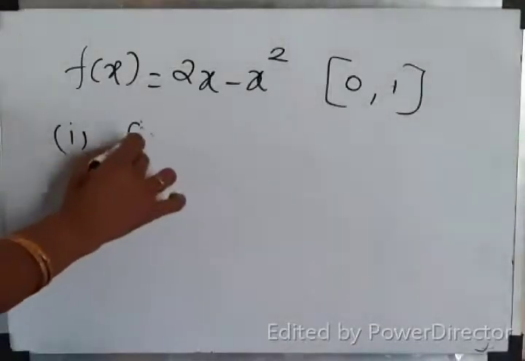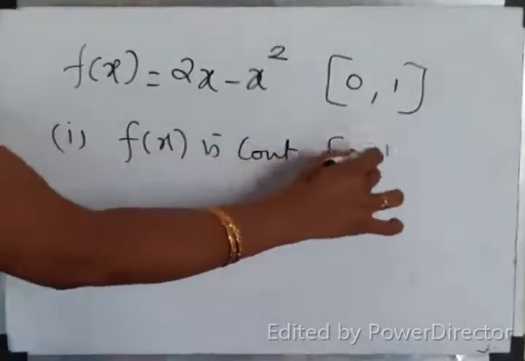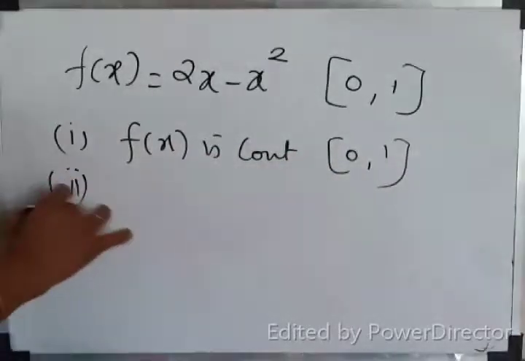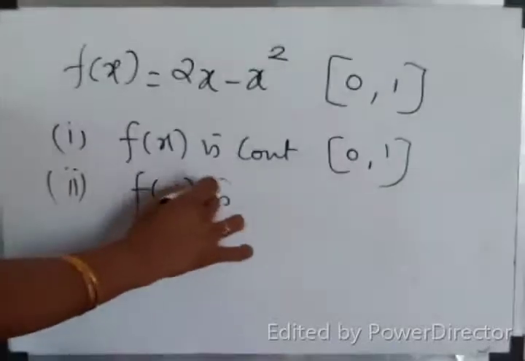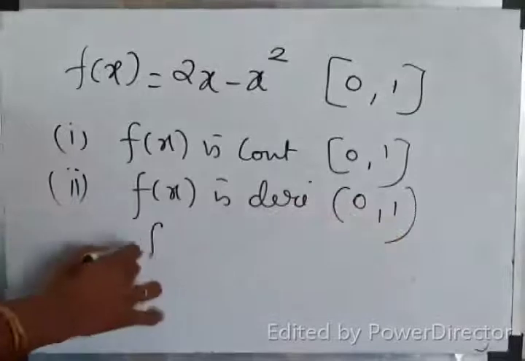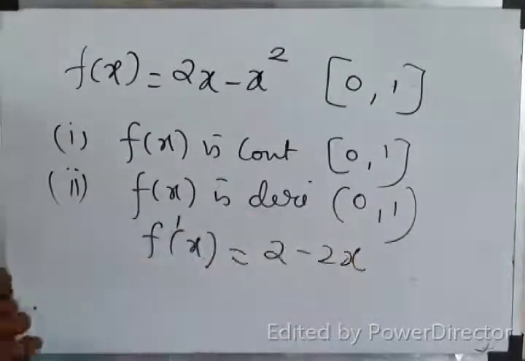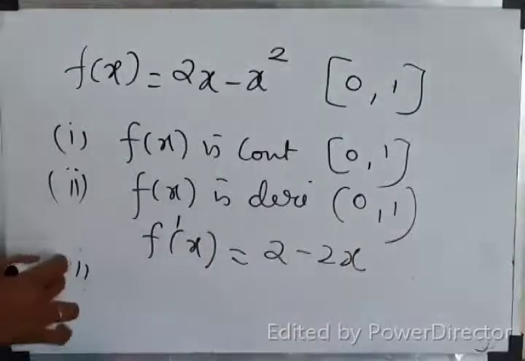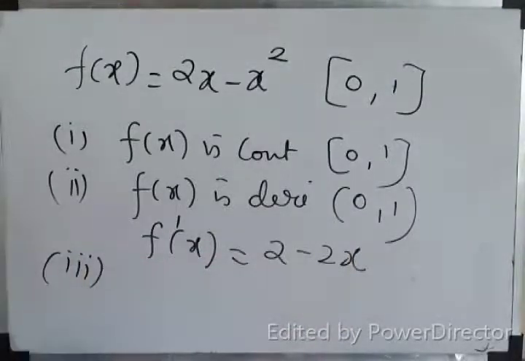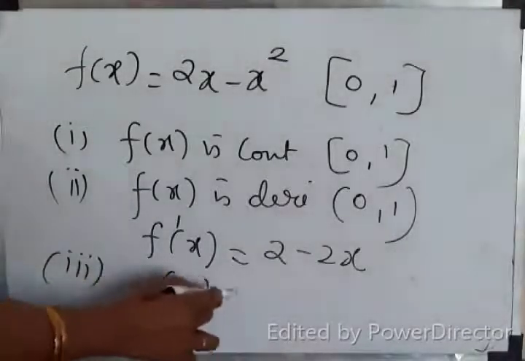What is my first point? f of x is continuous in the closed interval 0, 1. My second point, f of x is derivable in the open interval 0, 1. What is f dash of x? 2 minus 2x. Correct. What is my third point in Lagrange's mean value theorem? f of a not equal to f of b. Okay. What is f of 0? 0.